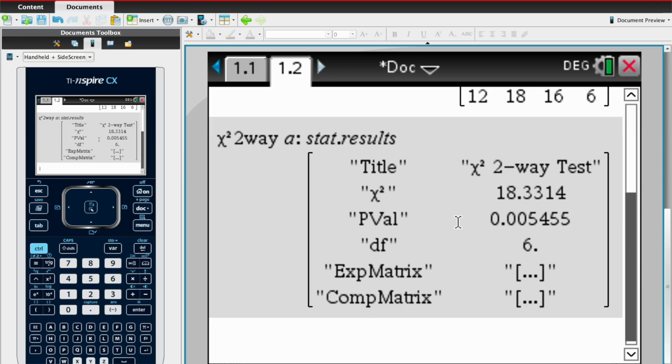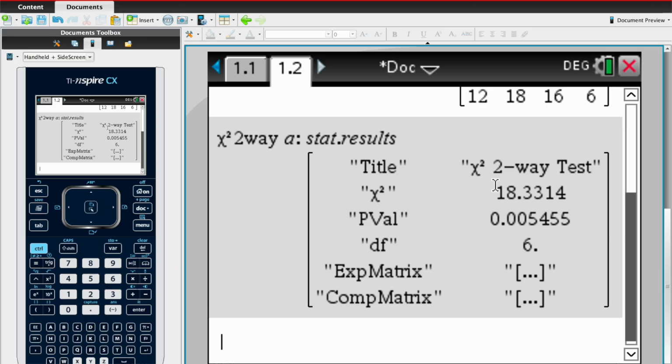I'm sure there's other videos out there that explain these, but just to go again really quick: p-value, the probability that we're going to see these kind of results just based on chance alone, and the chi-squared test statistic is the measure of difference between what we observe and what we would expect just based on chance alone.